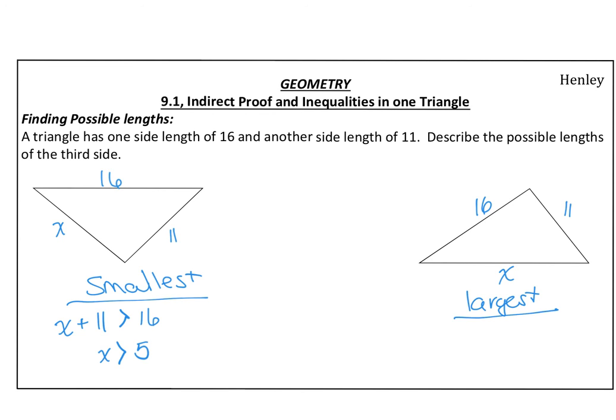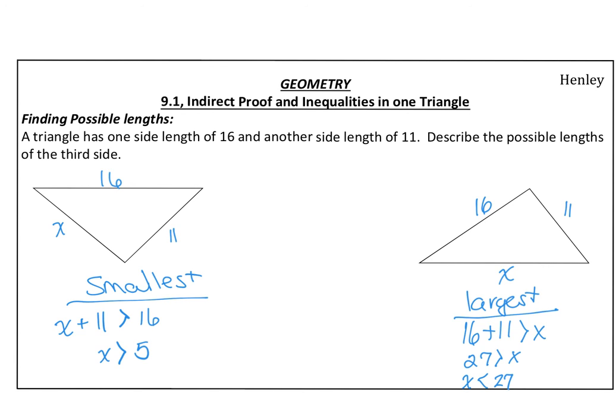So we have 16 plus 11 is greater than x. 27 is greater than x. Let's flip that whole thing around so it's x is less than 27.